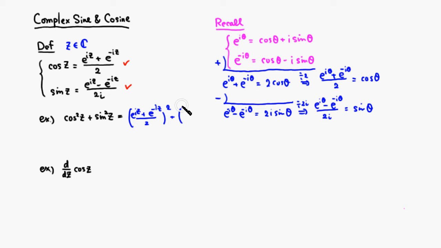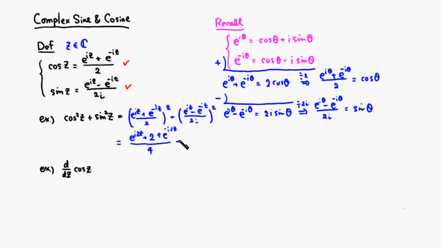And the sine is e to the iz minus e to the negative iz over 2i, then we square that. Squaring, you have e to the i 2z plus 2 plus e to the negative i 2z, all over 2 squared, which is 4.